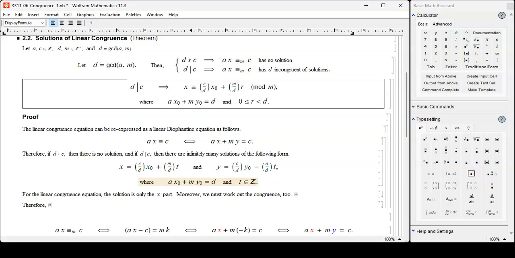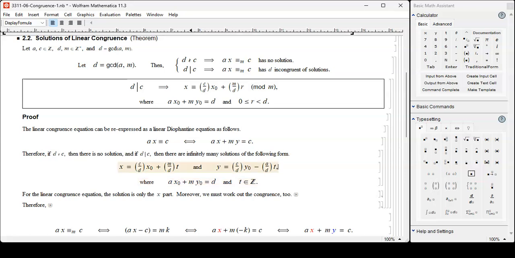You can do that through the Euclidean algorithm. We went through those in lesson 3. AX0 plus MY0 equals D. And then for arbitrary integer t, we can write the general solution like this.